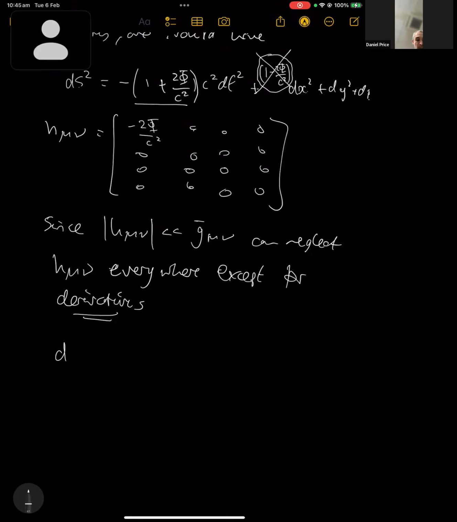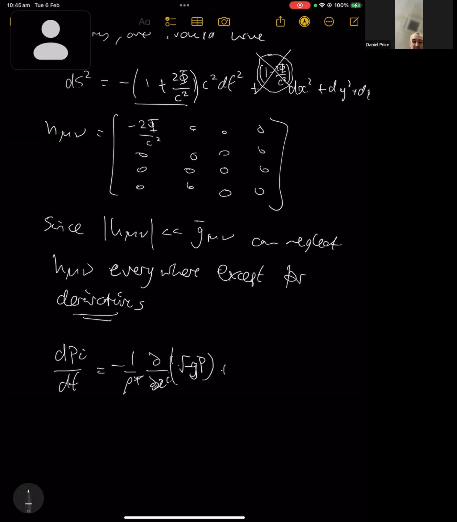So for example, in our momentum equation, d pi dt, we have a minus 1 over rho star d dxi of square root of minus g pressure. That's the same as before.